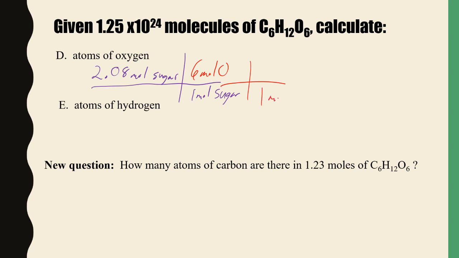And then 1 mole of oxygen has 6.02 times 10 to the 23rd atoms. So that'll give you your atoms of oxygen, which is 7.5 times 10 to the 24th.